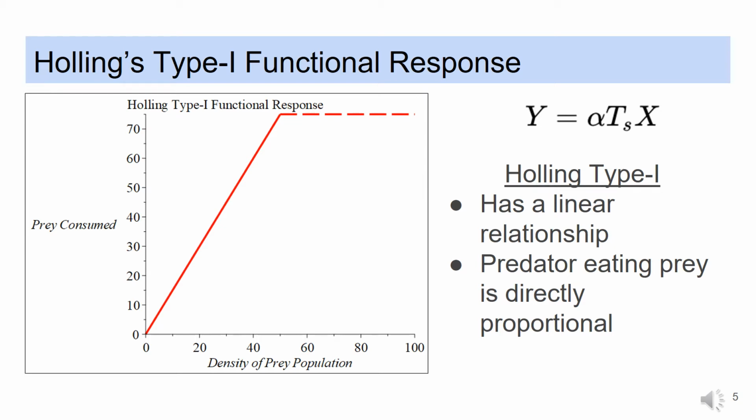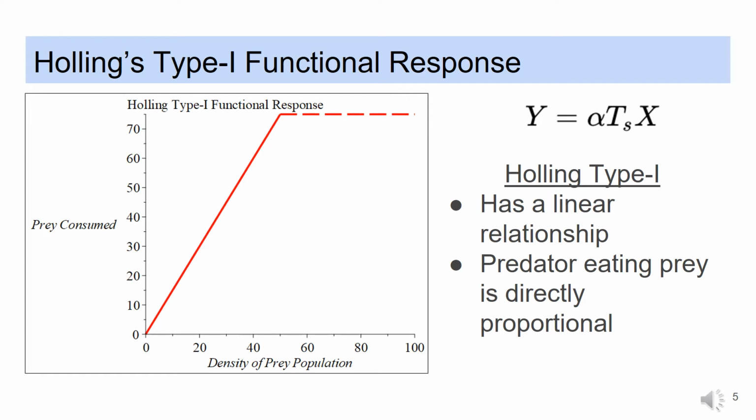The Holling functional responses are functions of the prey population's density and the prey consumed by the predator. For the Holling Type 1, it is assumed that there's a linear increase in prey consumed with the density of the prey population. For most cases, this prey consumption is only up to a maximum, and then the prey density and prey consumption are constant rates.